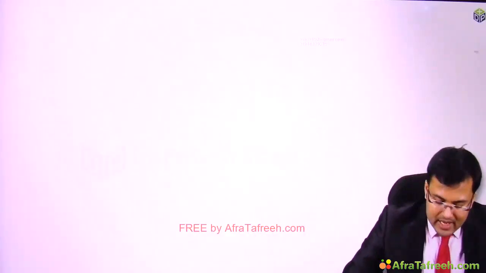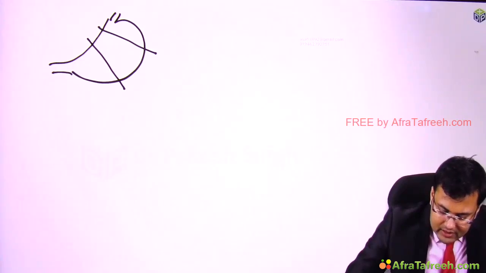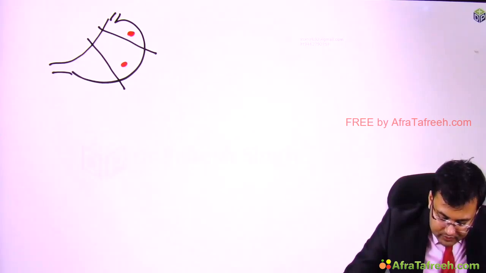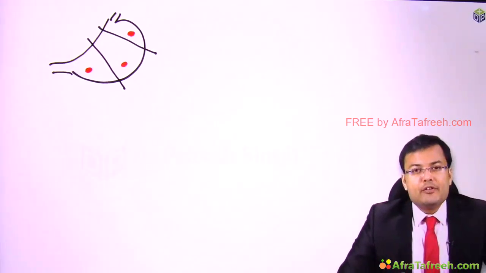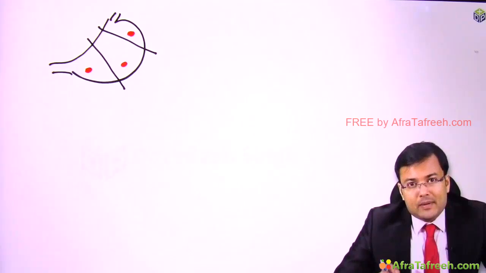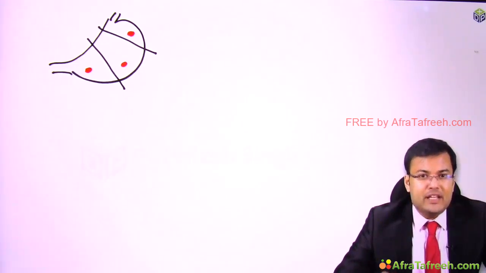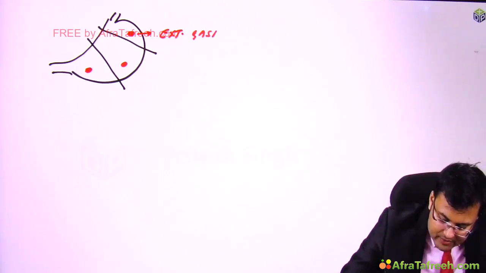Now see how we are going to manage. It depends on the location of malignancy. So this is upper 1/3, this is middle 1/3, this is lower 1/3. Here is the malignancy. If malignancy is located in upper 1/3, we go for extended gastrectomy. Extended gastrectomy means we remove stomach plus distal part of esophagus.